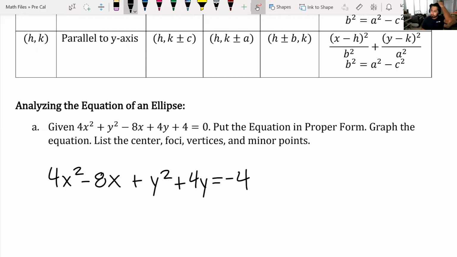All right. So now what we're going to do is complete the square to finish this. But we can't complete the square yet because of the x's. So remember, to complete the square, the leading coefficient has to be a 1, which means for the x's and for the x's only, we are going to factor out a 4.